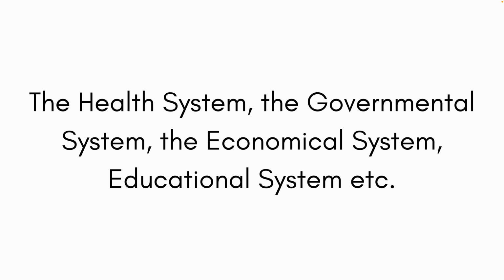There are so many parts of the system. If I were to count all of them, I might be here for days and nights just trying to count how many parts of the system there are. That is why there's going to be many videos on this in the future. So I'll go more in depth on what these systems are.